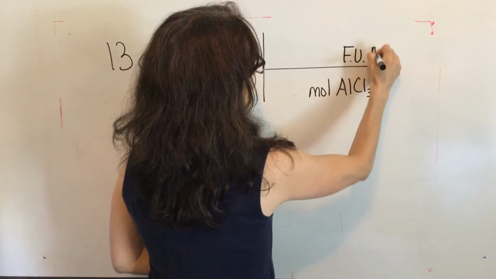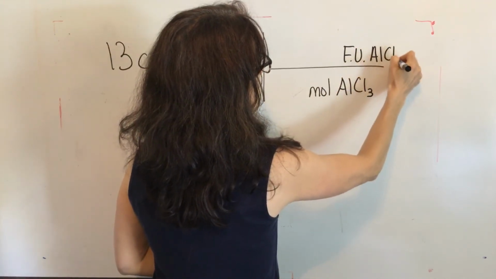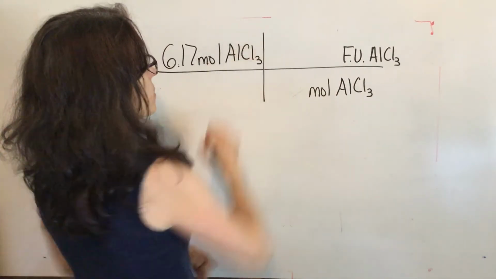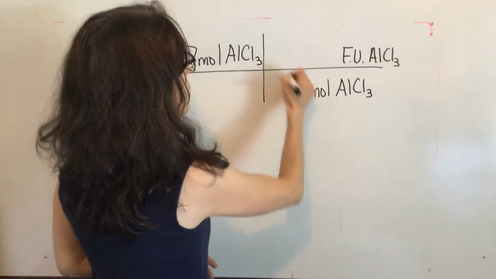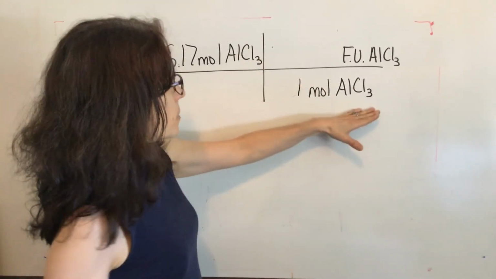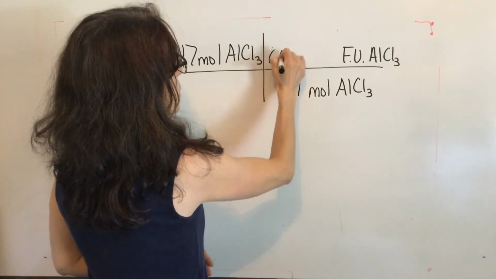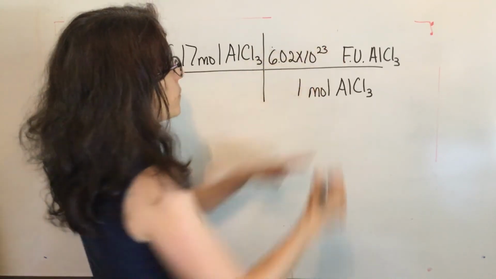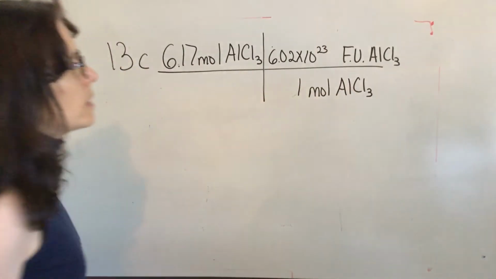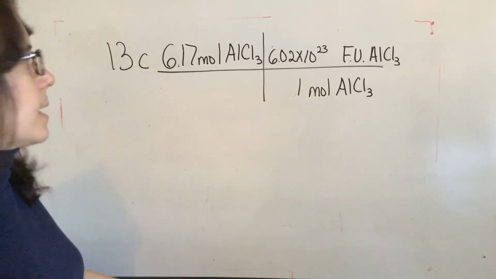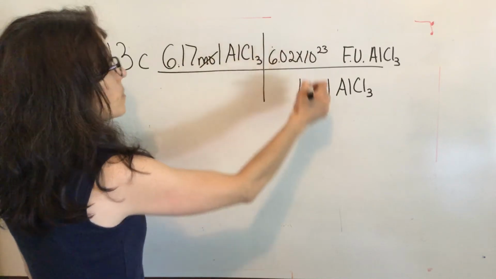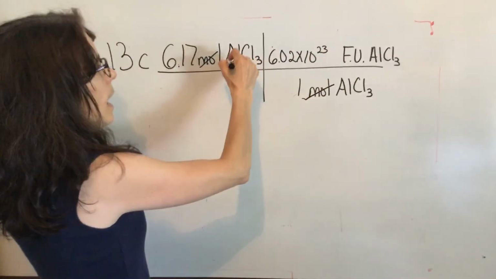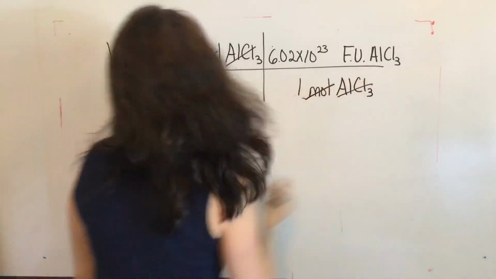So let's put the numbers in. 1 mole of aluminum chloride is equal to 6.02 times 10 to the 23rd formula units of aluminum chloride. And again, it's a good setup because moles cancels out, and so does the substance.